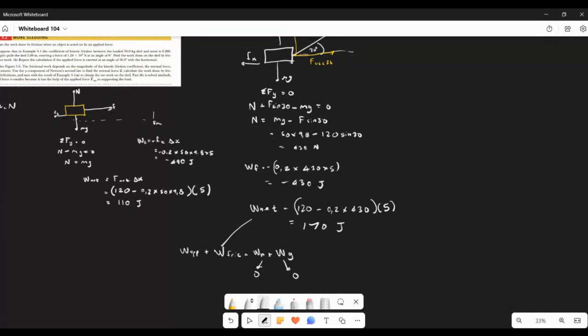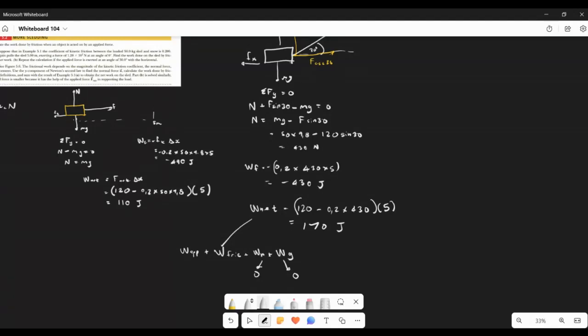How did you get that? That's the answer in the book here. According to them, you should get 9 joules or 90 joules.